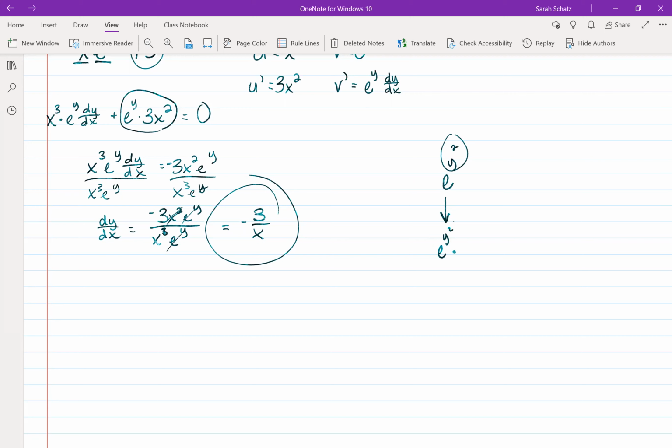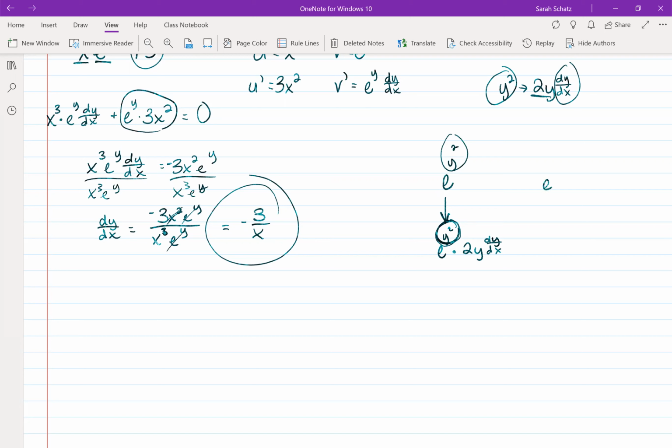Then you're going to multiply by the derivative of y squared. So I know the derivative of y is just dy/dx. But what's the derivative of y squared? Well, isn't that just 2y dy/dx? So you're still going to get your dy/dx in there. There's just going to be more to this derivative than just that. So on this one, it would look like that. This would just be a little more involved when you take the derivative, but you still have the dy/dx in there.